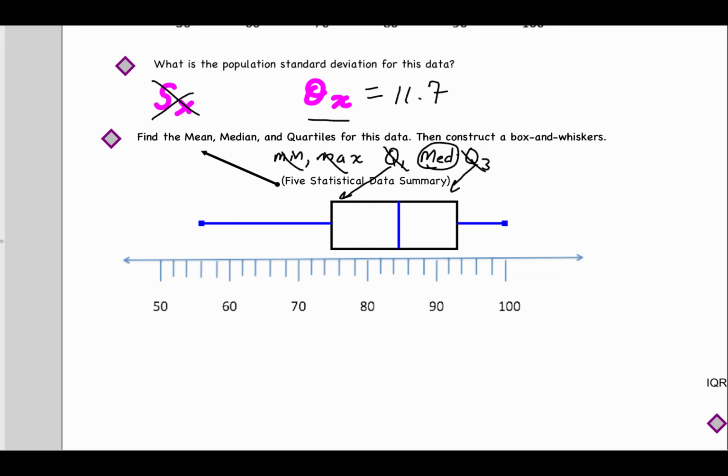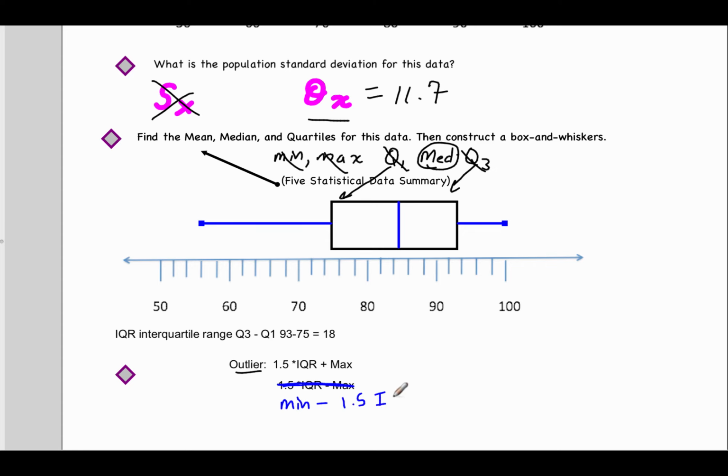Now we're going to come back here and talk about this dude who scored a 56. Is he what we call an outlier? Well, I want to change this. This should be actually minimum minus 1.5 times the interquartile range. Well, my interquartile range is simply quartile 3 minus quartile 1, so I have a range of 18 here.